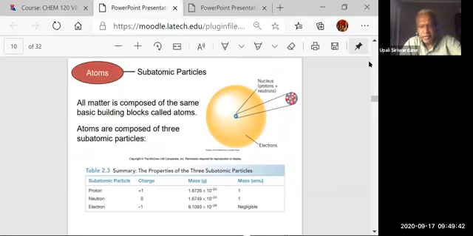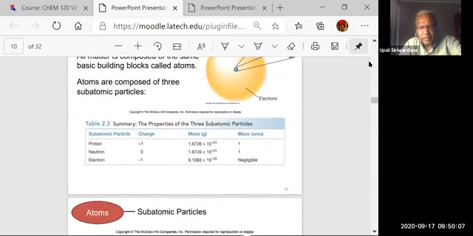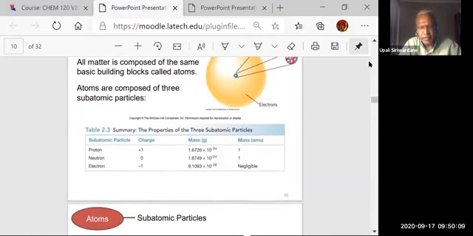Mass-wise, a neutron has slightly greater mass than a proton. The reason for that, we think, is that a neutron is formed by the reaction of a proton and an electron neutralizing the proton. So the electronic charge could be the reason for the extra weight of the neutron.